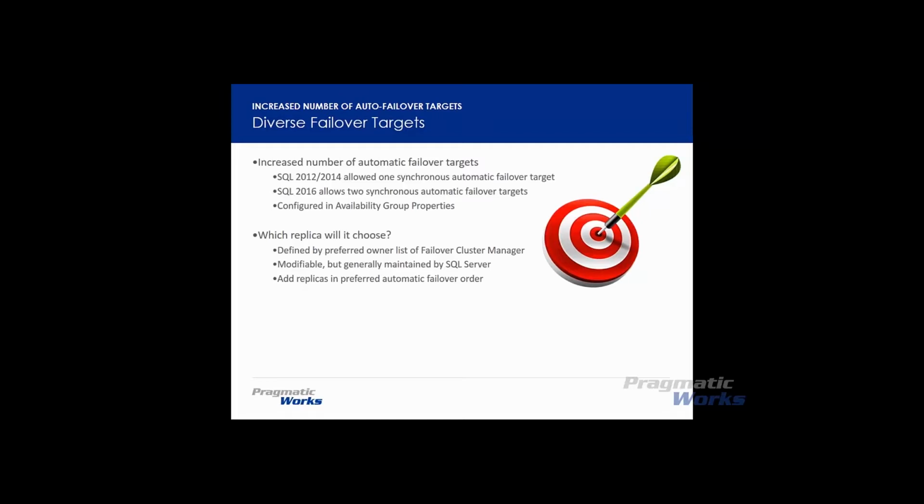So an important point here, you can change it. When you go into the cluster manager properties, you have the ability to move replicas up and down the list. That said, Microsoft officially says this is generally maintained by SQL Server. In my testing, what I have seen is it will change the order on you.